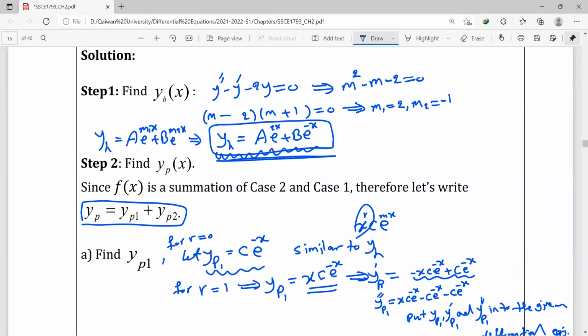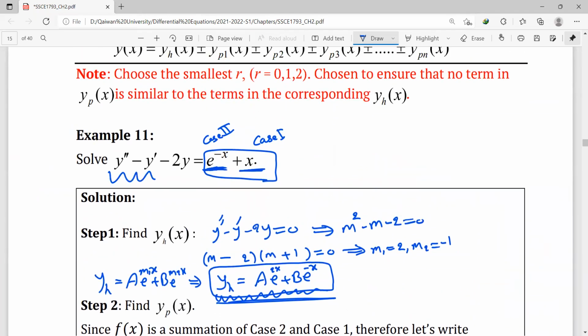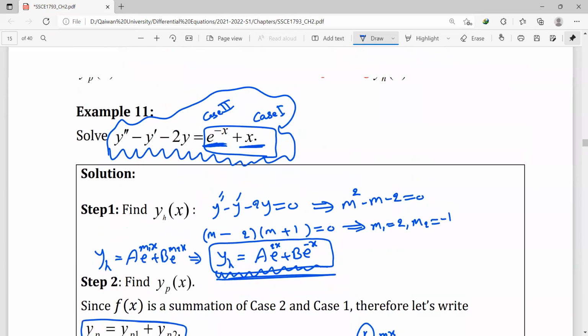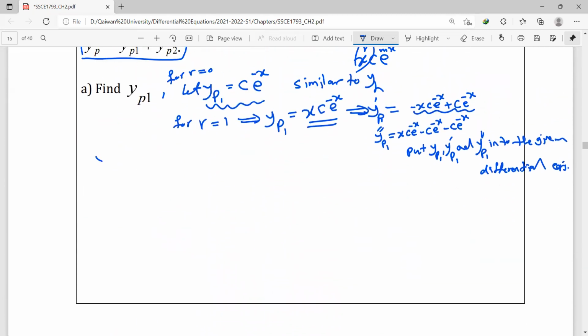This is the differential equation: y double prime minus y prime minus 2y equals e to the power negative x. We ignore the other case, we ignore x here. We just use e to the power negative x. We don't use that part because we worked on the exponential part only. We don't need to write down that part.